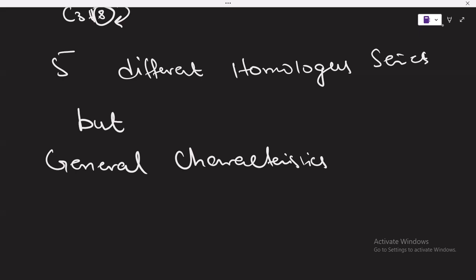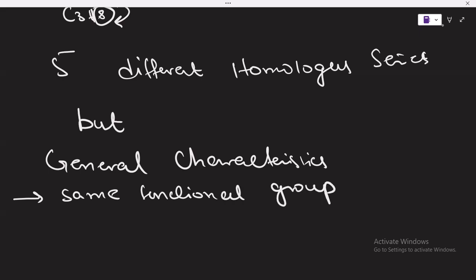The first thing that you need to understand is that when we talk about one particular homologous series, let's say alkenes, all alkene molecules will have the same functional group. Okay, what is that? That is a C with a single bond.